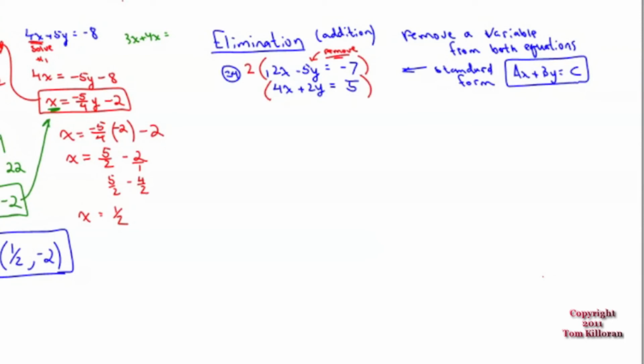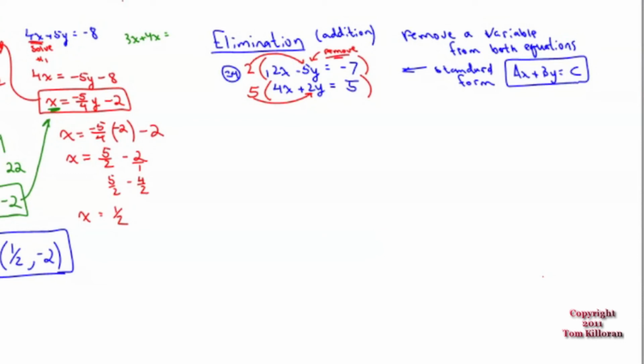What happens here is 2 times -5y is -10y. +5 times 2y is +10y. There's your additive inverse. What allows me to do this? Well, it's the distributive property. It's also that idea of whatever you do to the left, you do the same thing to the right.